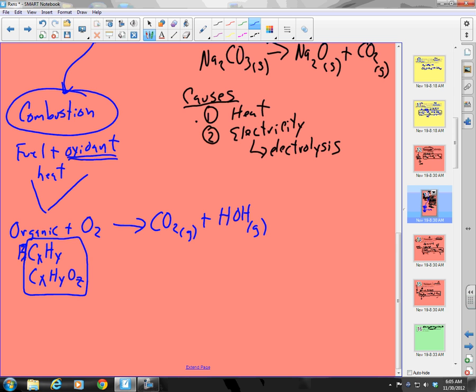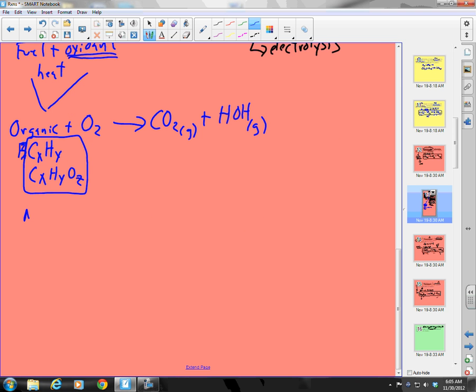Now, there's also some nomenclature associated with combustion. Of course, when you see the word combust, that means combustion, but there are some other secret words we use like burns.